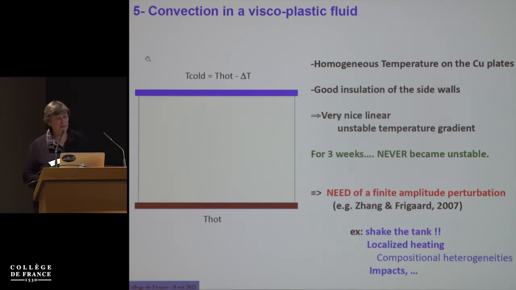So we did the experiment. At first, I didn't know that. So we put our fluid, and then 3 weeks later, we still had this conductive behavior, no motion at all.